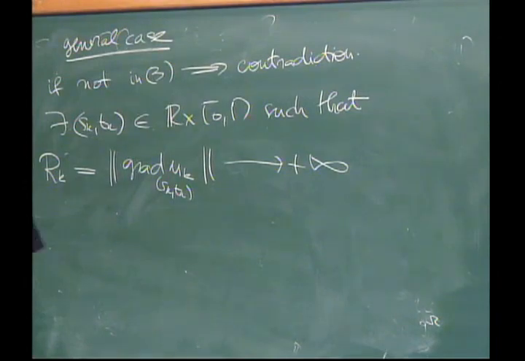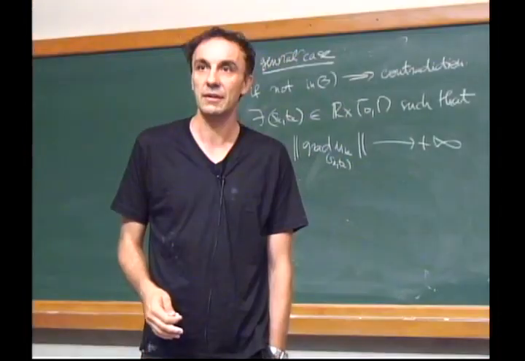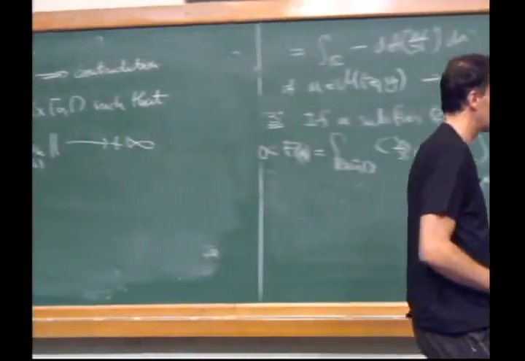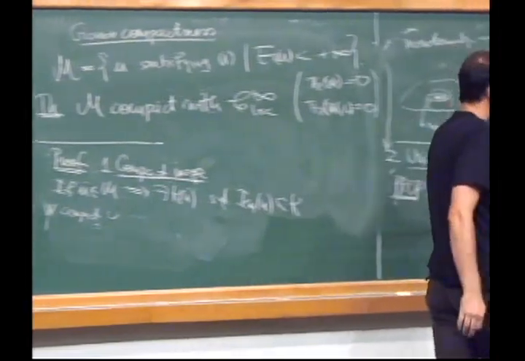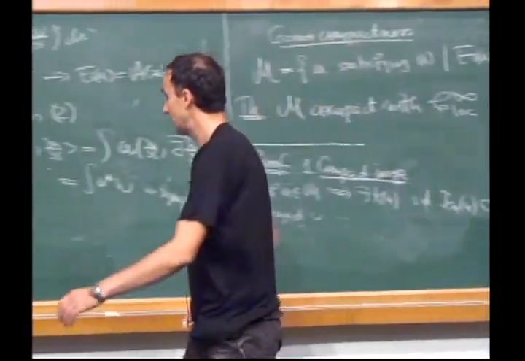Starting from here, I will prove that we get a contradiction, and this means that we can apply this 3 to get the compactness of the space M.